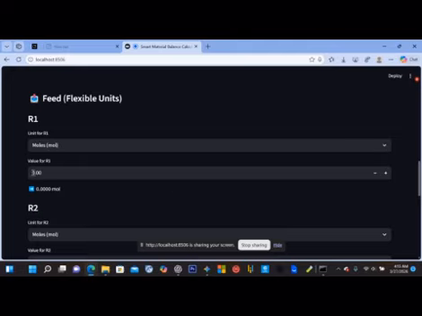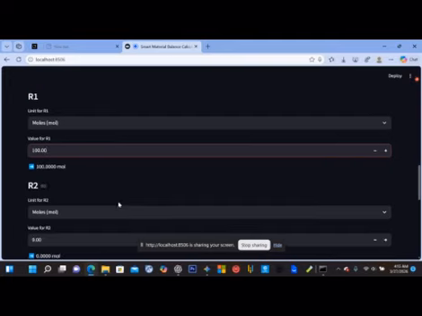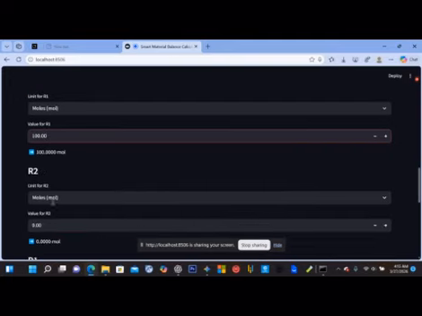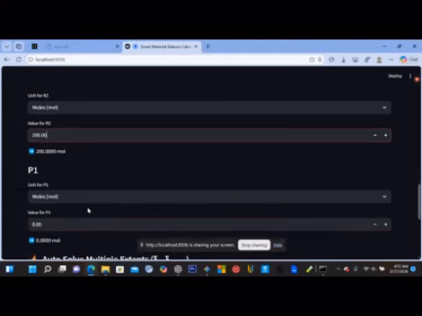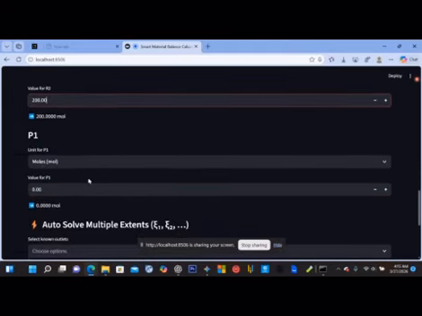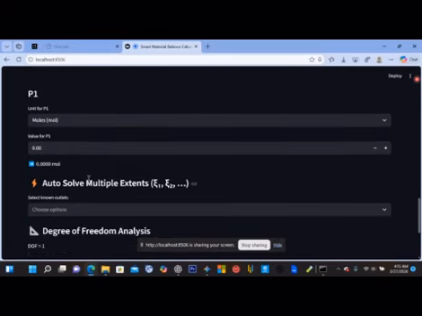The moles given for the nitrogen in the question was 100 moles. So we specify it here, press enter, and it shows up here. The moles for R2, which is the hydrogen, given in the question, was 200. So we type it here, press enter, it shows up here. And the moles for the product wasn't given, so we just leave it blank as it is.